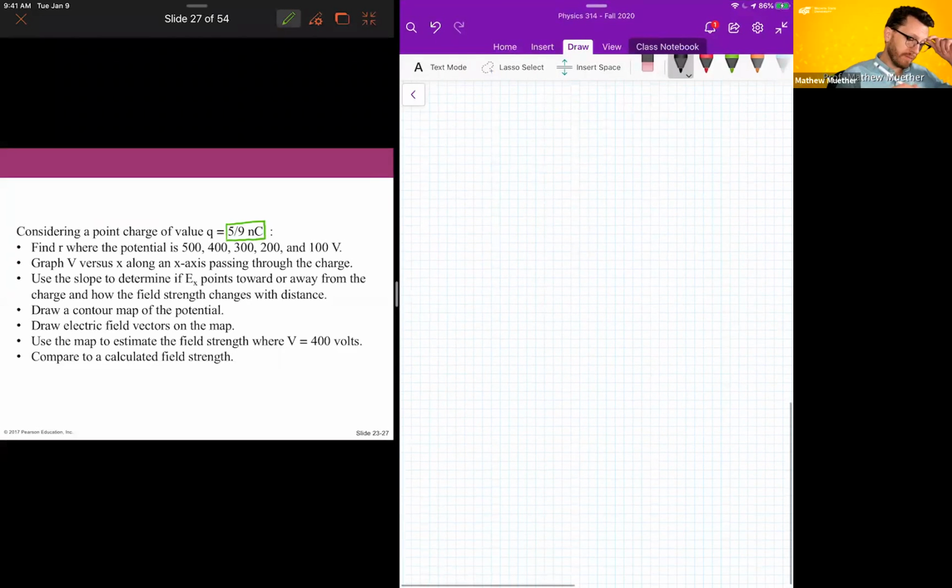All right. So how are we going to do this? We know what the functional form for the potential around a point charge looks like. It was just V = kQ/r, in volts, right? We know what k is. k is 9 times 10 to the 9th.